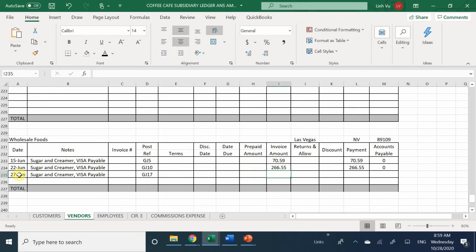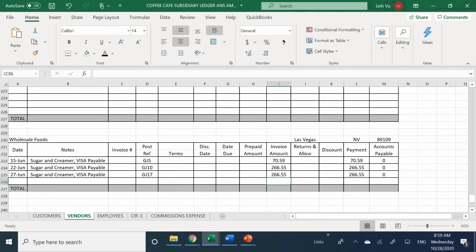Oh, yes. So the invoice amount would be 266.55. Good. And then we made a payment of 266.55. And there's a zero in the account. Good. Excuse me, the invoice amount? 266.55.